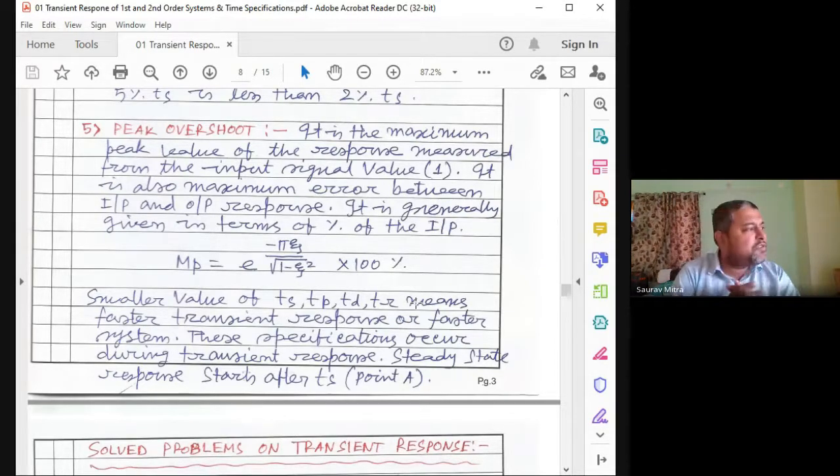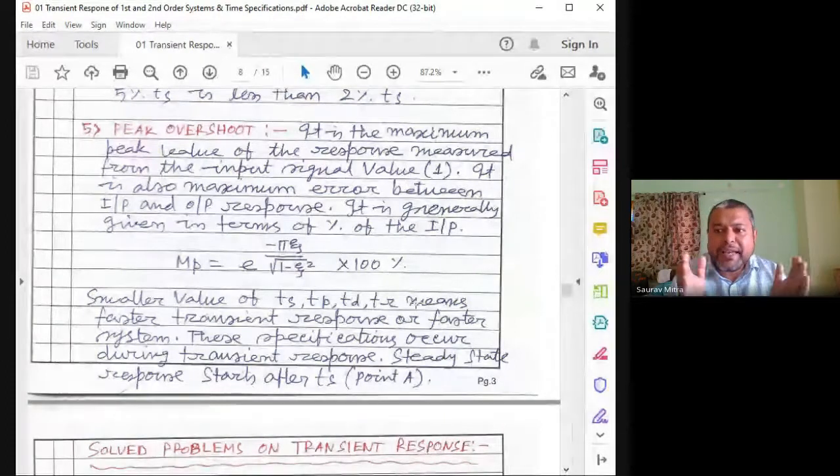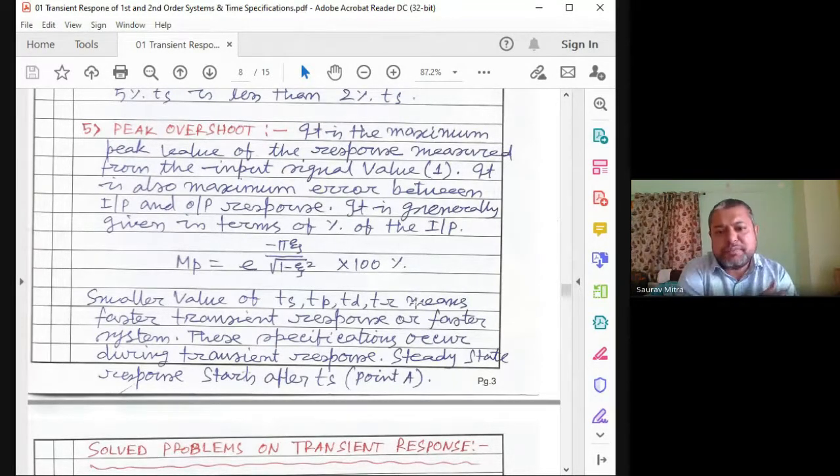So the transient response for any system should be as small as possible, because we want the output waveform to settle as soon as possible so that we can go for the analysis of the system or the next part. So a smaller value of TP, TS, TD, TR means a faster transient response or a faster system.